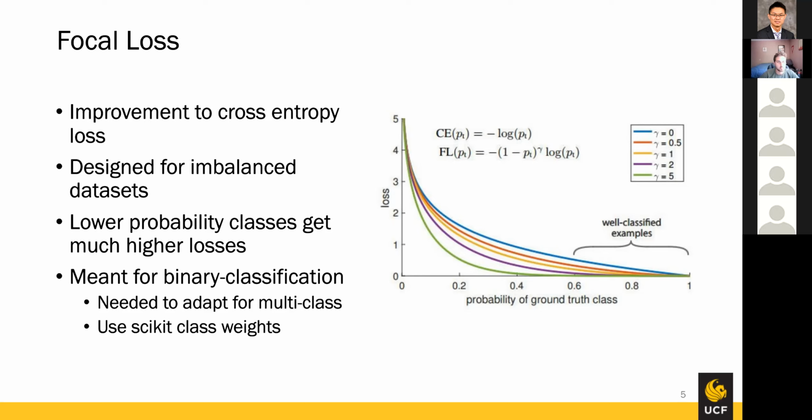So how do you classify this as foreground or this as background, based on these different imbalanced distributions of bounding boxes? That's why they use this focal loss to penalize more on the low probability classes.